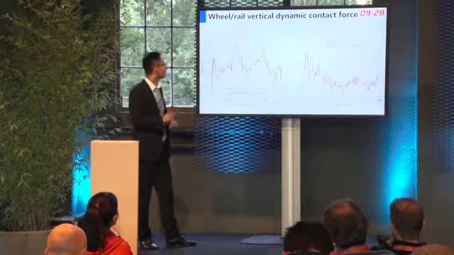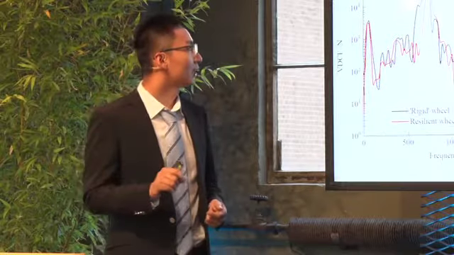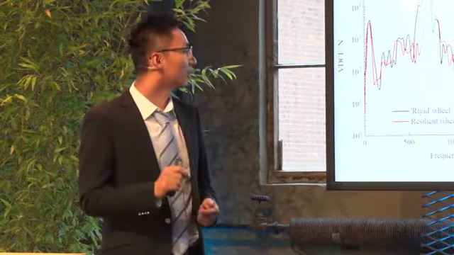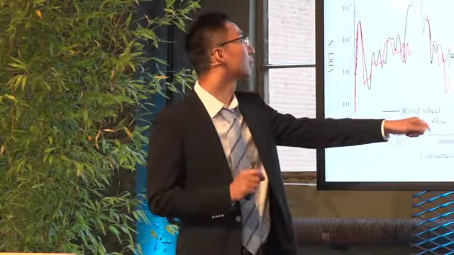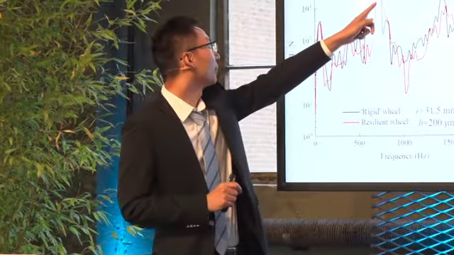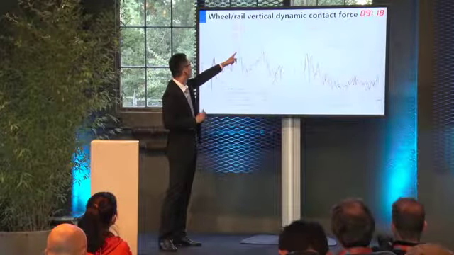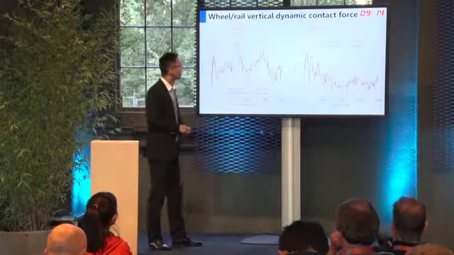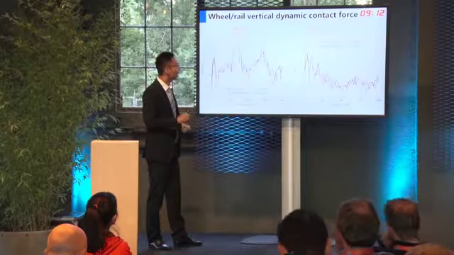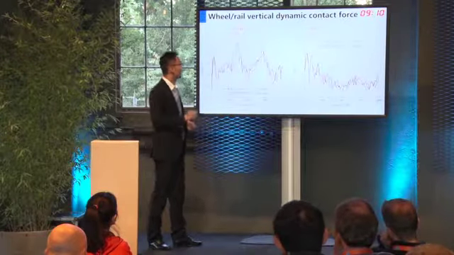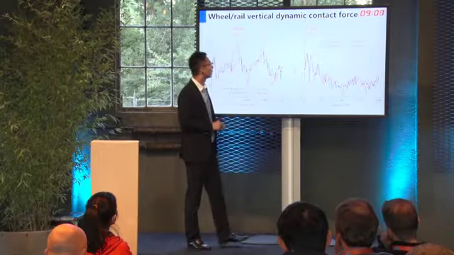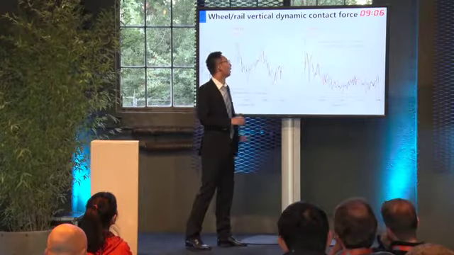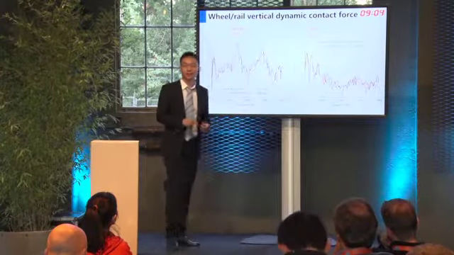At the corresponding excitation frequency for the 31 millimeter wavelength, the dynamic force is reduced by the resilient wheel by about 22%. And for the 125 millimeter, the dynamic force is increased by about 32% when the resilient wheel is used.